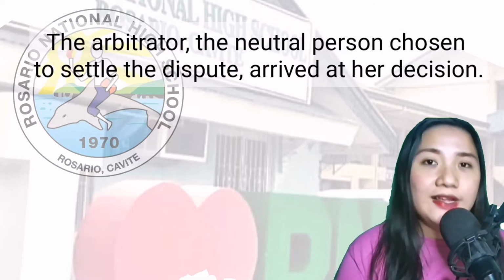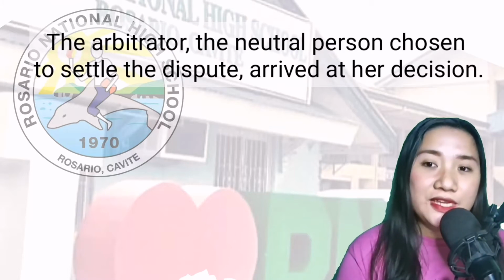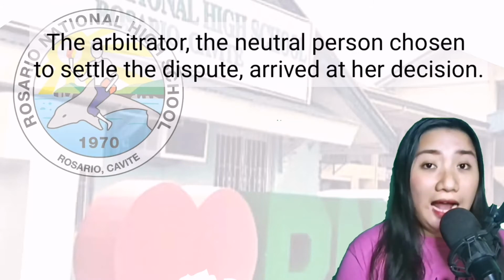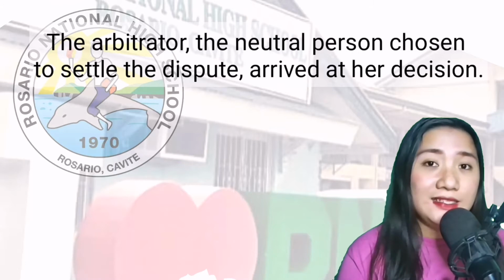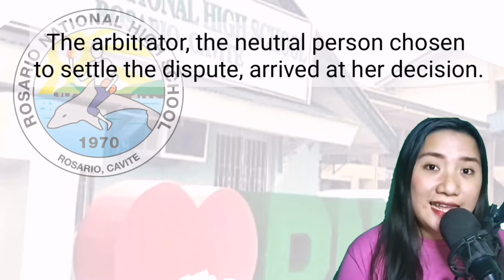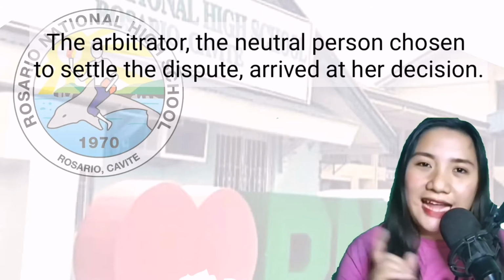Let's have another example for definition clue. I will give you some sentences for you to better understand what definition clue is all about. Let's have the first sentence. The arbitrator, the neutral person chosen to settle the dispute, arrived at her decision. Now, what do you think is the unfamiliar word in the given sentence? That's correct.